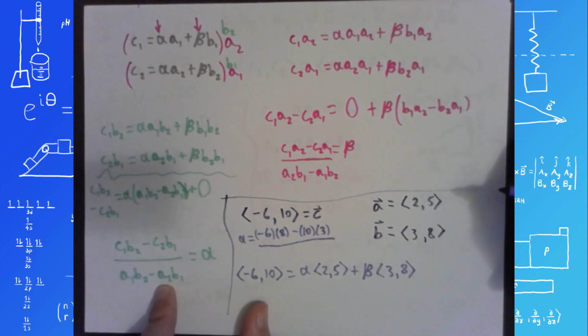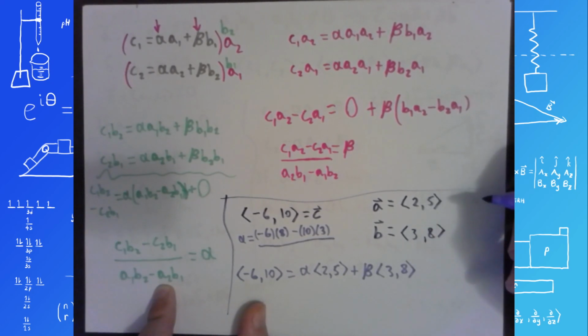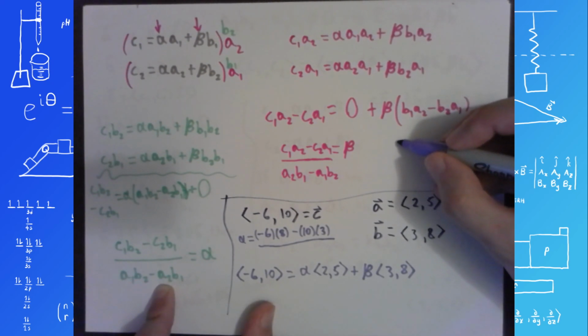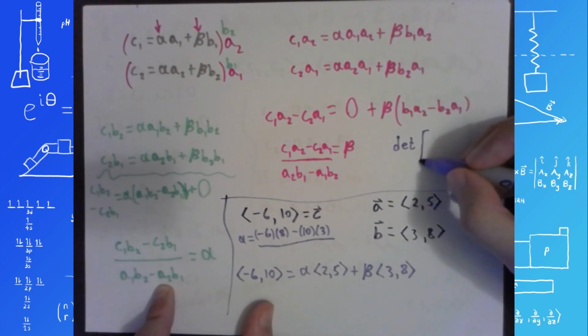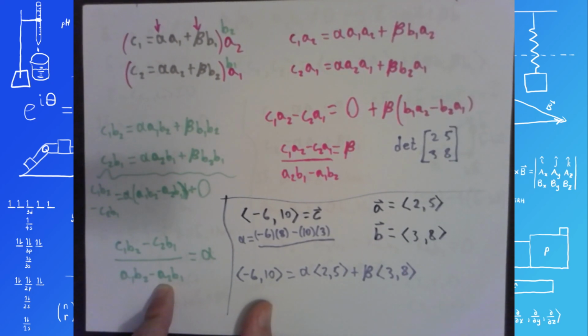This might look familiar to some of you if you did matrix math in your pre-calculus course. 2 times 8 minus 5 times 3. You might remember this as the determinant of a 2 by 2 matrix. These ideas are not unrelated.